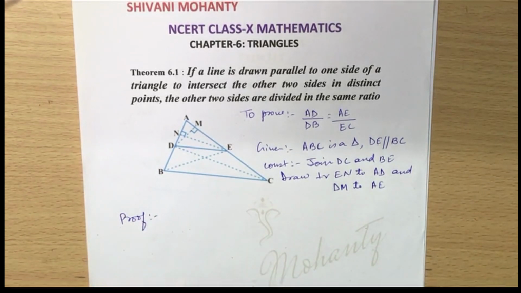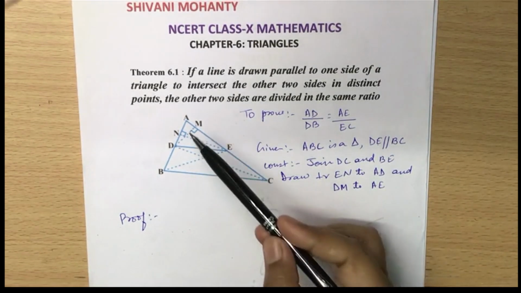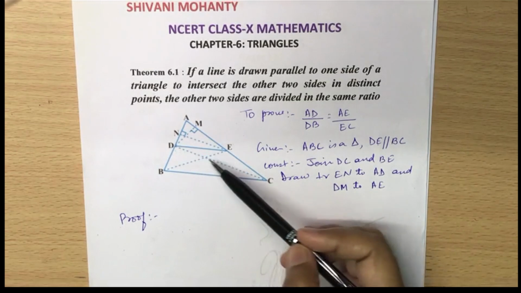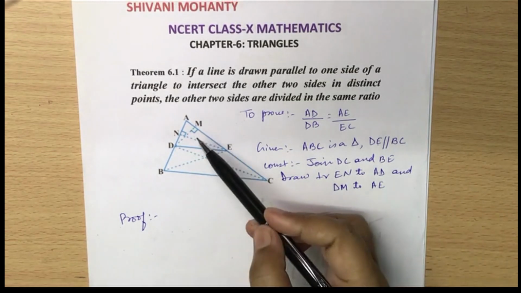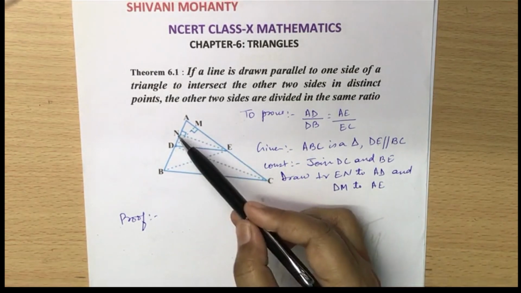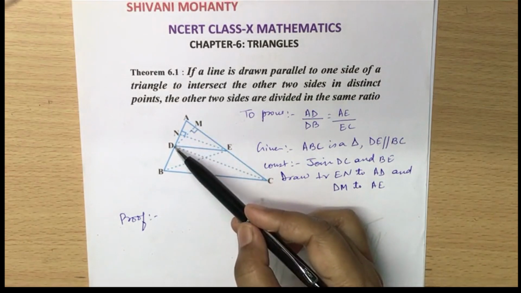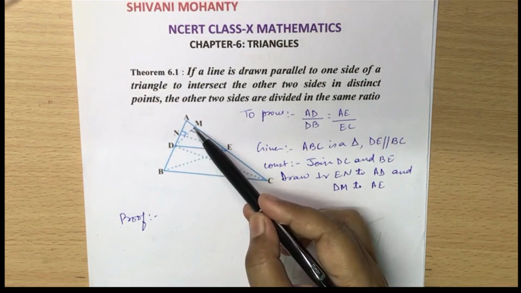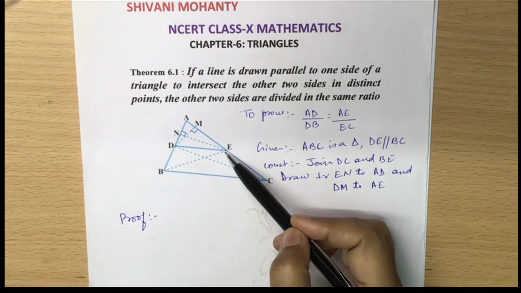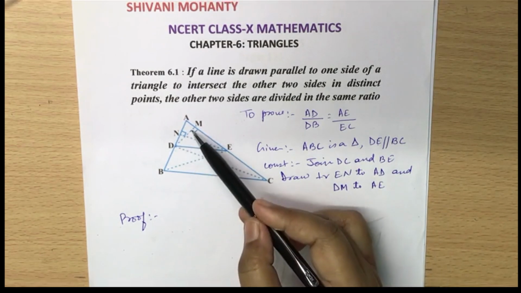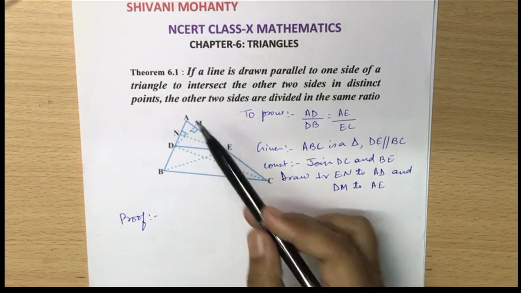How to prove it? For that we first write, in triangle ADE, because EN is a perpendicular on AD and DM is a perpendicular on AE, we will be using these perpendiculars to find the area.